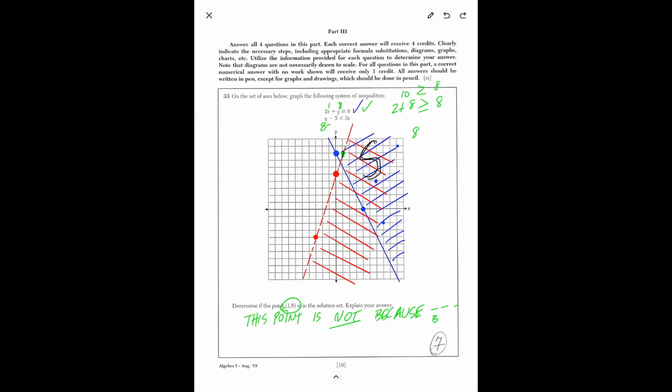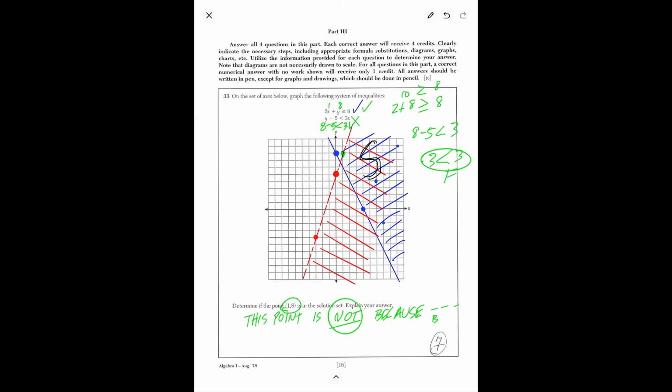I get 8 minus 5 is less than 3 times 1. So it's 8 minus 5 less than 3. That's false. It's actually equal to 3. So this one doesn't work, which is the other reason that you can say it's not in the solution set.